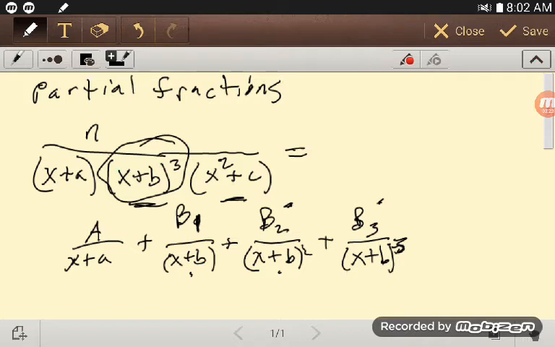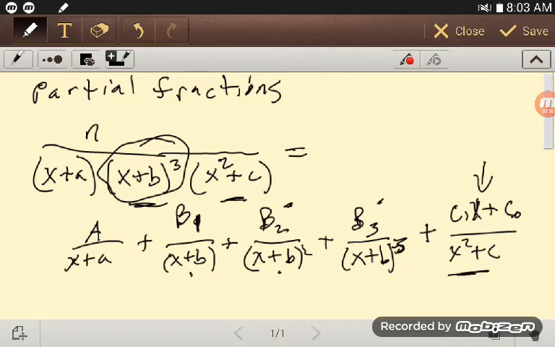And then for the quadratic terms, that's where if I have this x squared plus c, I would have a c1x plus c0. So here, notice we have to introduce that possibility of an x over that x squared plus c.